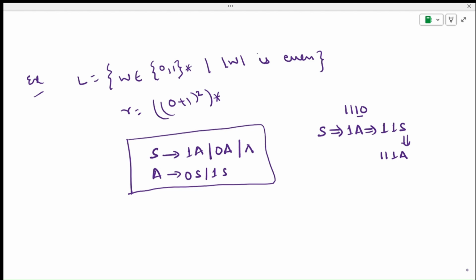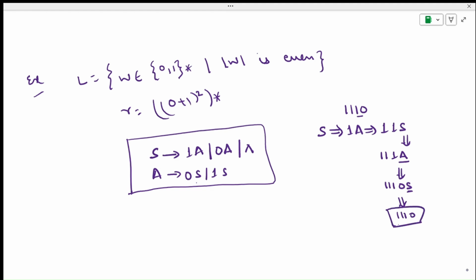Again, this A has to be replaced with 0, so I'll write this as 0S. And eventually this S will be replaced by null. This time I can take a null from here. So I get 110. That is a string of even length.